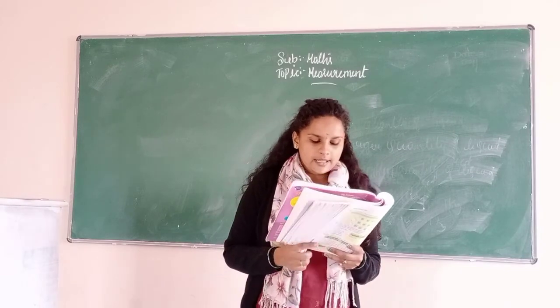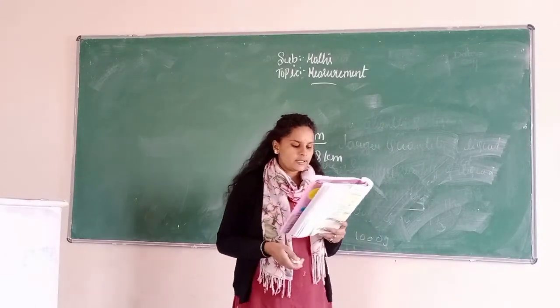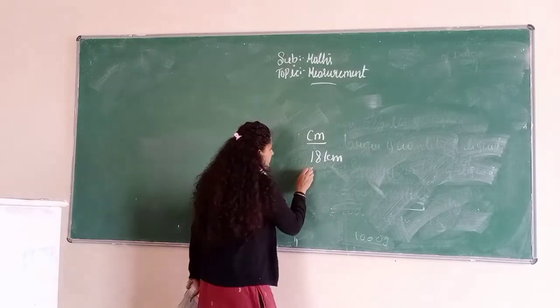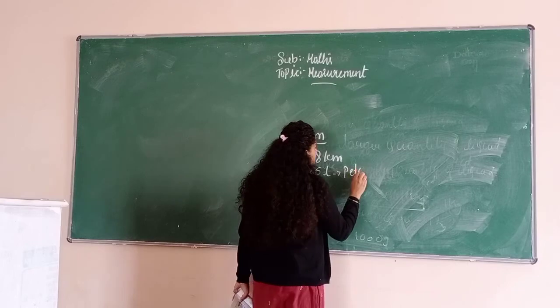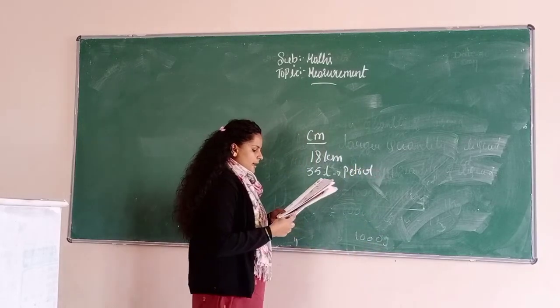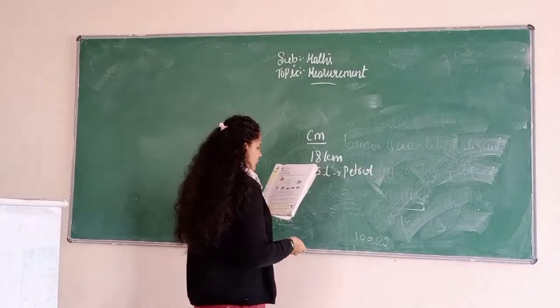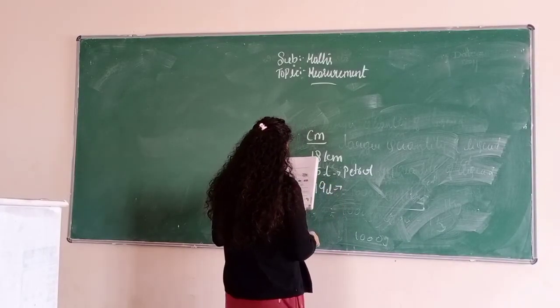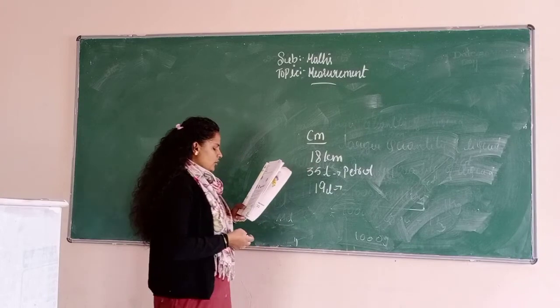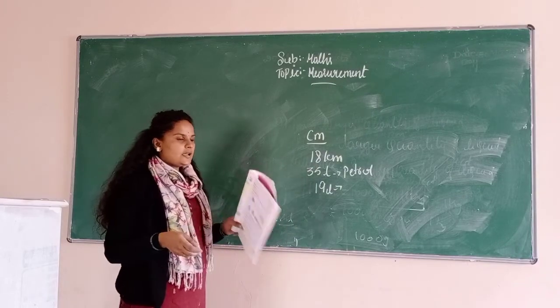A car tank can hold 35 liters of petrol. Right now there are 19 liters remaining. How many more liters are needed to fill the tank?